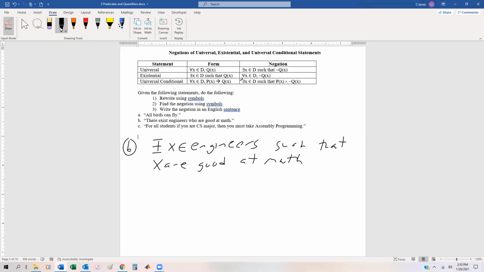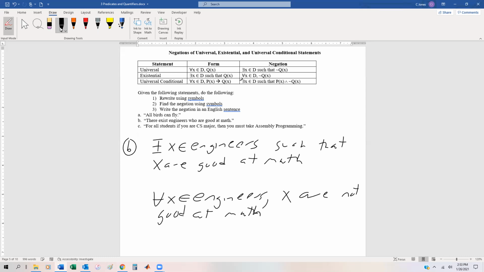Now for the negation, we're going to flip the quantifier, and we're going to say for all x in the same domain, which is still engineers, we're going to have a comma instead of such that, and we're going to say x are not good at math.